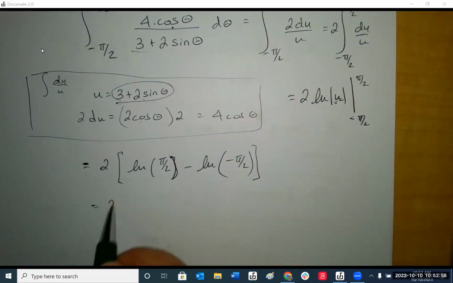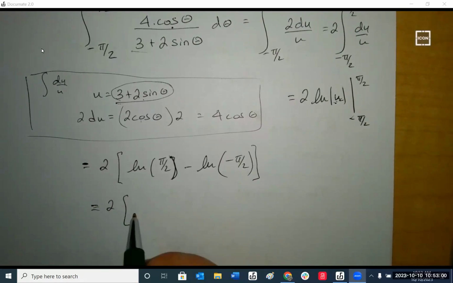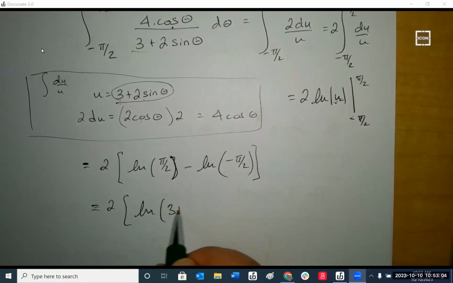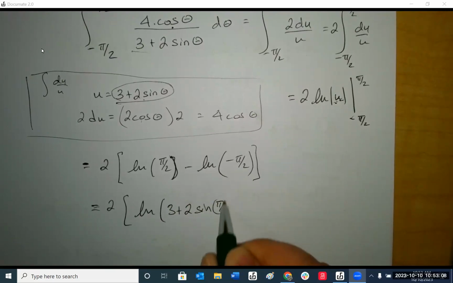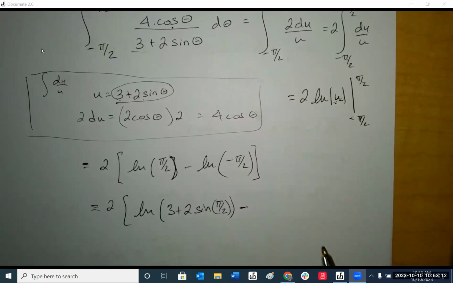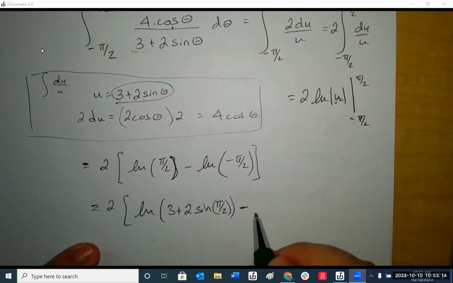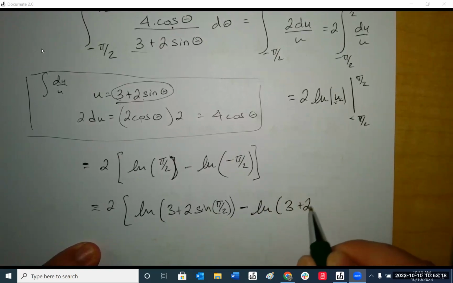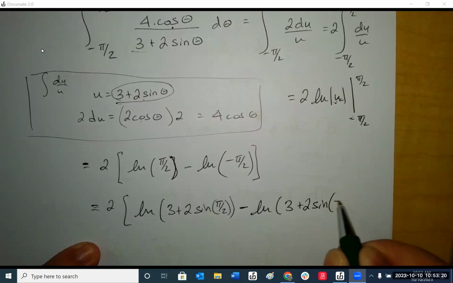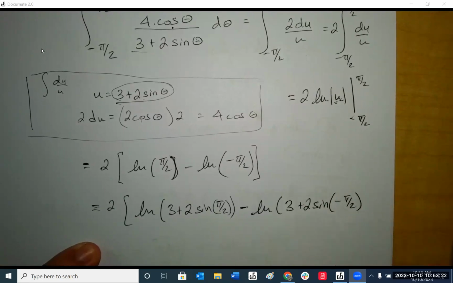So we're taking ln of 3 plus 2 sine pi over 2, minus ln of 3 plus 2 sine negative pi over 2.